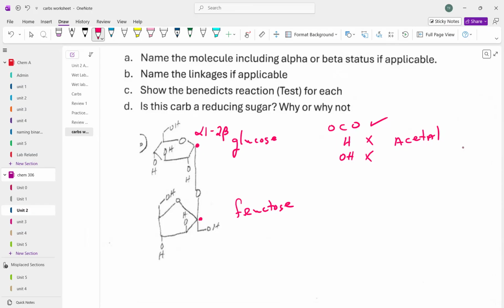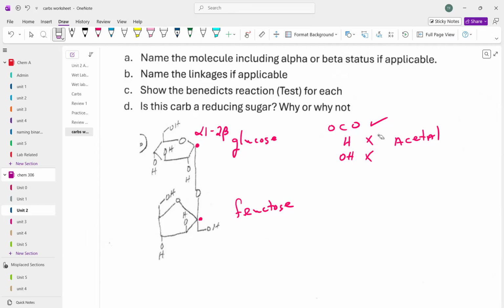There's no H. Again, if there's no H, doesn't that mean it's a ketone? Yes. So you were asking, the bottom one's going to be a ketal. Oh, I see what you mean.